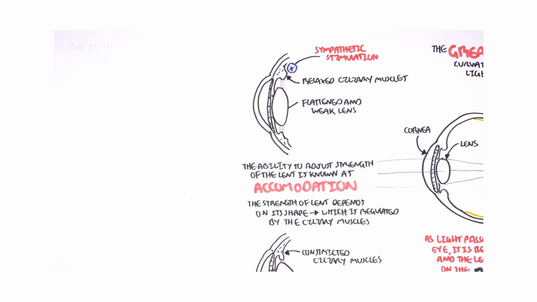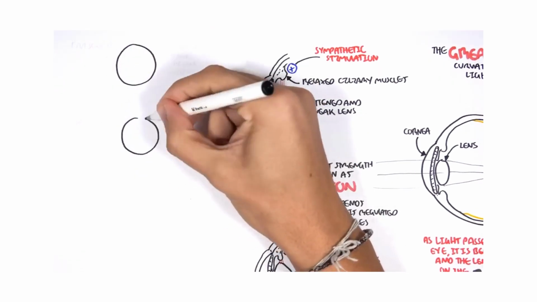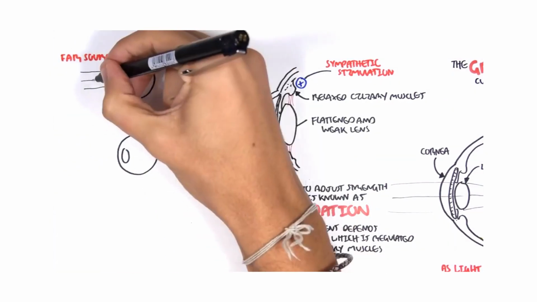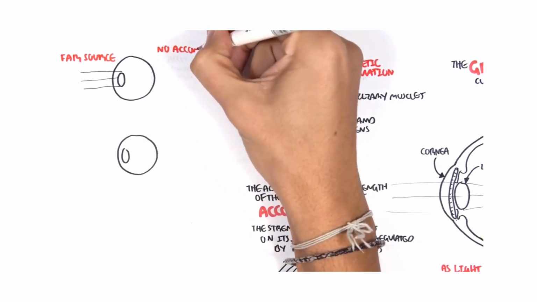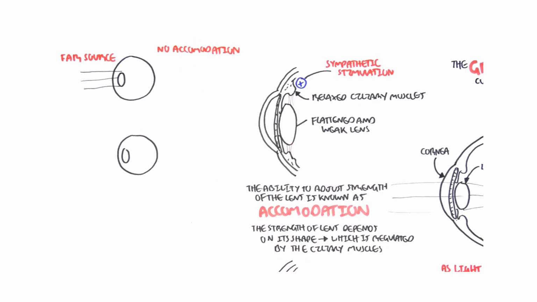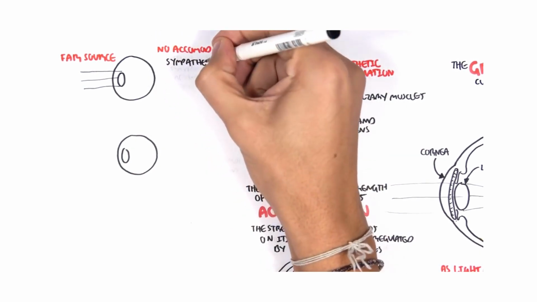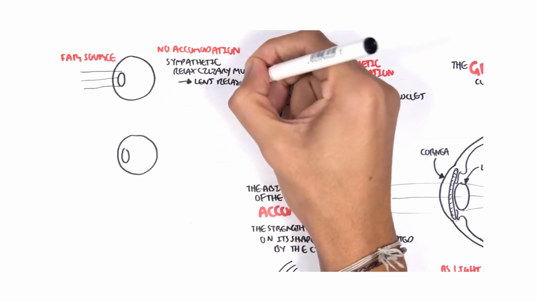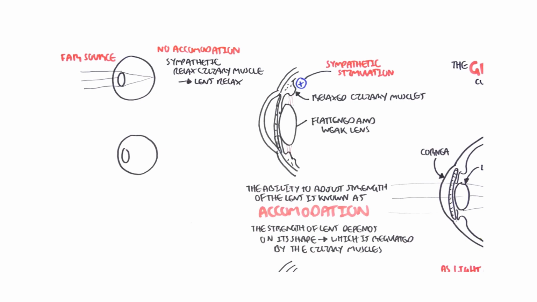Okay, so how does accommodation work? Well, if you see an object far away, so a far source, there is no accommodation, and your lens do not need to change. When there is no accommodation, the ciliary muscles are relaxed, and thus the lens are relaxed. Light that enters the eye is refracted by the lens and hits the retina, and all is good.